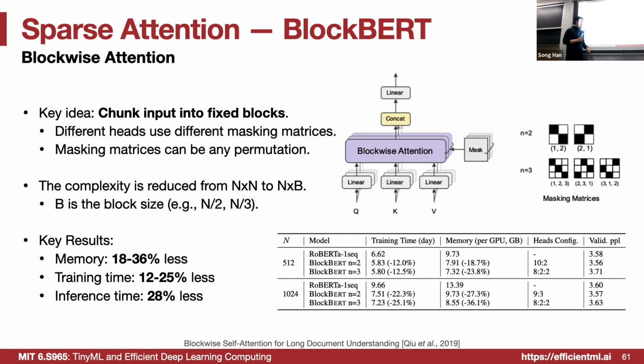The paper shows we can reduce the memory to about 18 to 36%. The training time is less than a quarter, and the inference time is also a quarter less, which is pretty exciting.